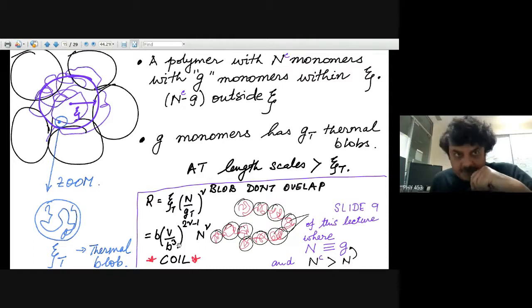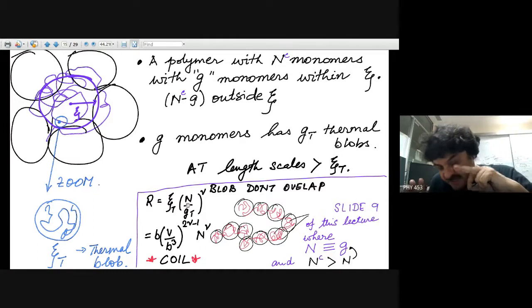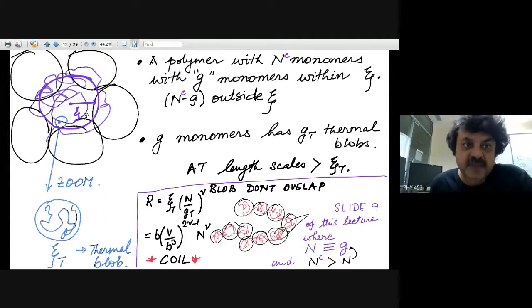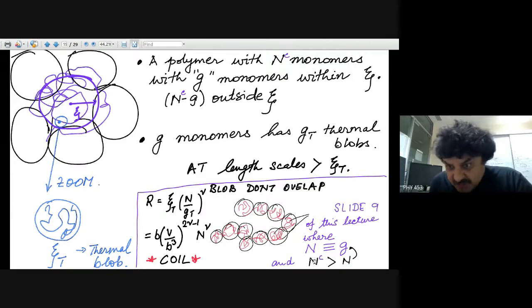N was the total number of monomers in the chain. But now you have a self-avoiding random walk of thermal blobs up to the length scale of zeta with G monomers. So just replace N by G in this formula.